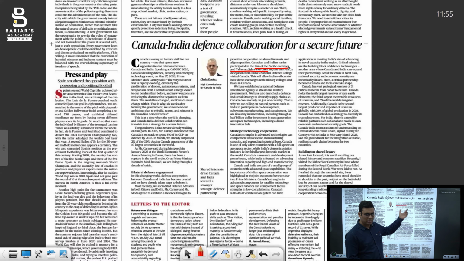Second, the Talisman Sabre exercise, we'll read about both of them. This is an exercise primarily between the USA and Australia, and other countries do participate in it. Here you can see the Canadian and Indian navies participated in both the exercises. That's the first part that we have. Secondly, going beyond that, the other aspects related to that can be Canada's radar set constellation system.